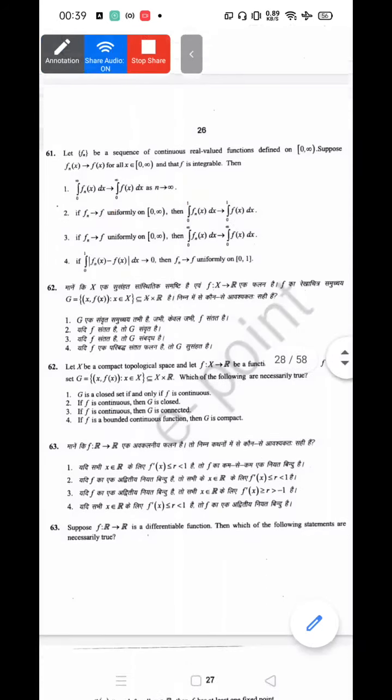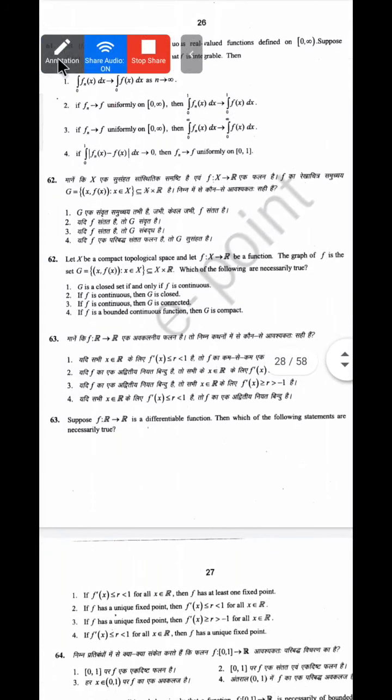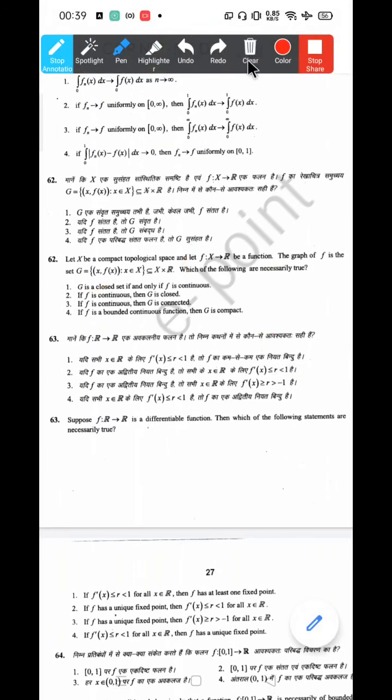Let us go to the next one. Let x be a compact topological space and f from x to R be a function. The graph of f is the set G equal to x comma f of x. So this is your graph. Which of the following is necessary?